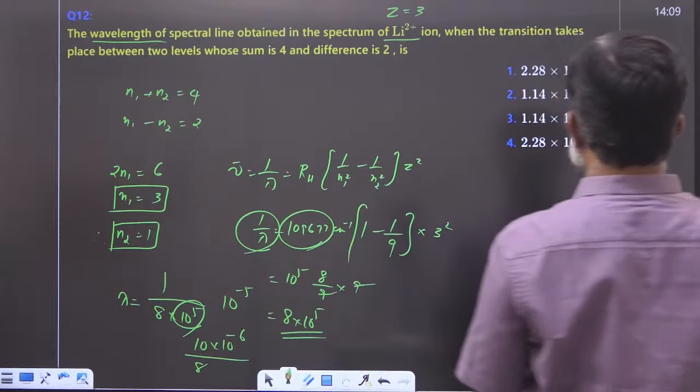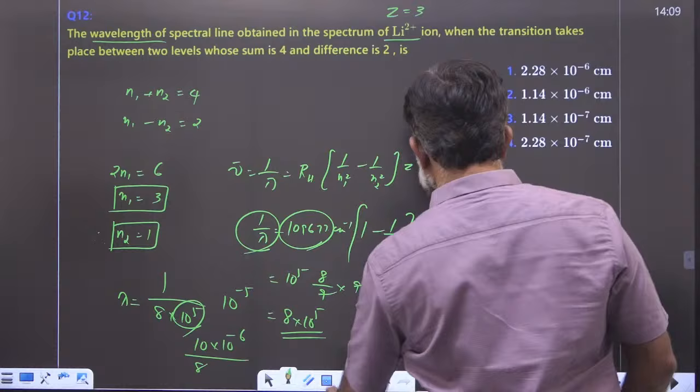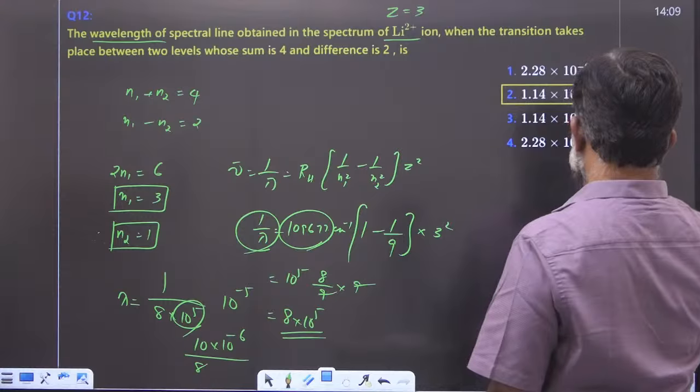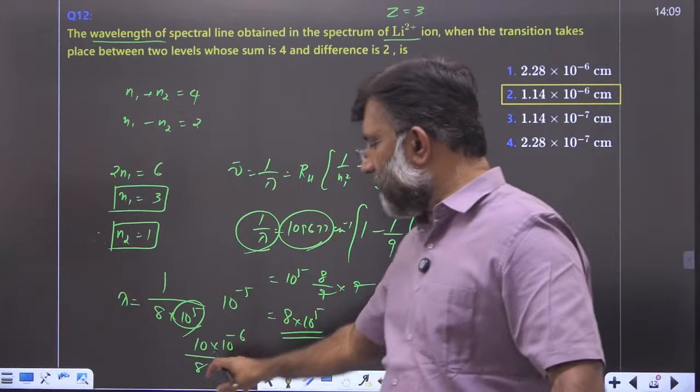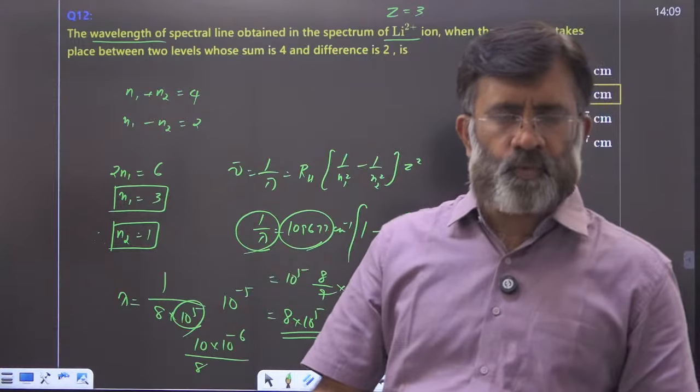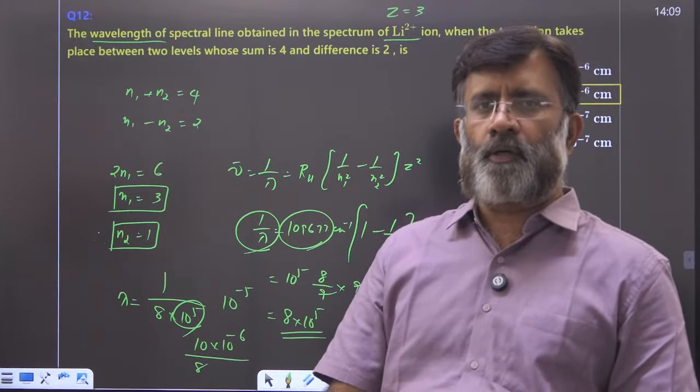So the answer is option 2. Power 10 power minus 6 ആണ്. 10 by 8 1 point something അല്ലേ വരുള്ളൂ. ഓപ്ഷൻ 2 എന്ന് കിട്ടും.